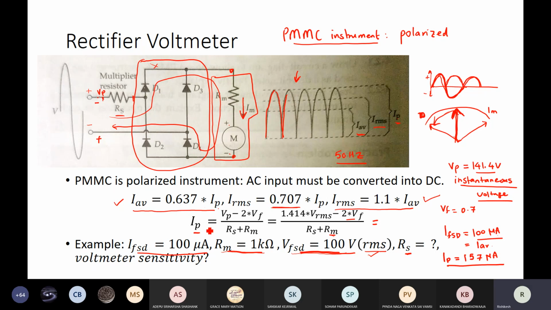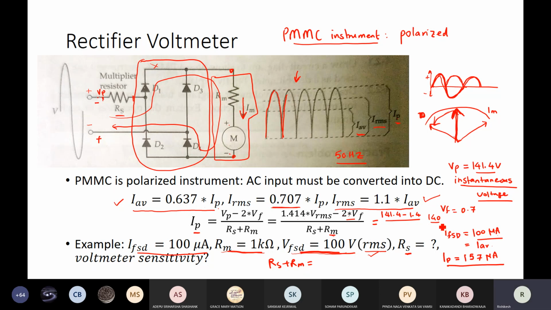Okay. Now we have this quantity IP. So 141.4 minus 1.4, how much is this? 140. Now 140 divided by IP will give me what? Rs plus Rm, right?